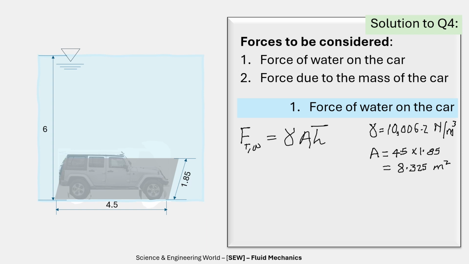We now say that H bar equals the depth of the water from the free surface to the bottom of the lake. That's 6 meters.